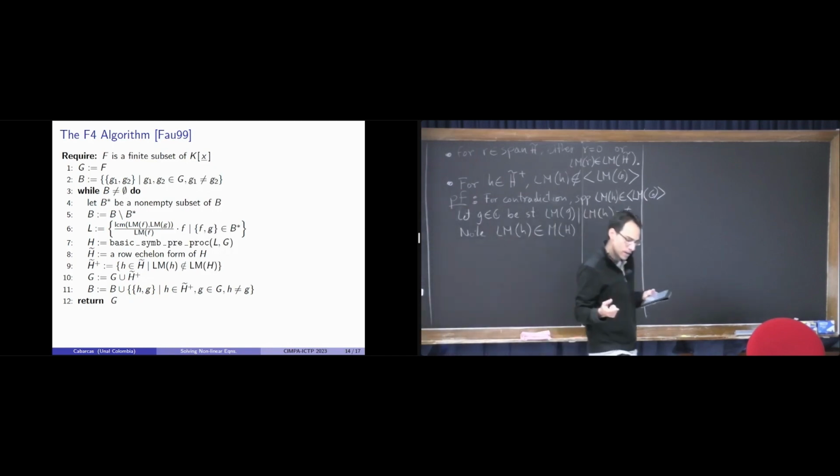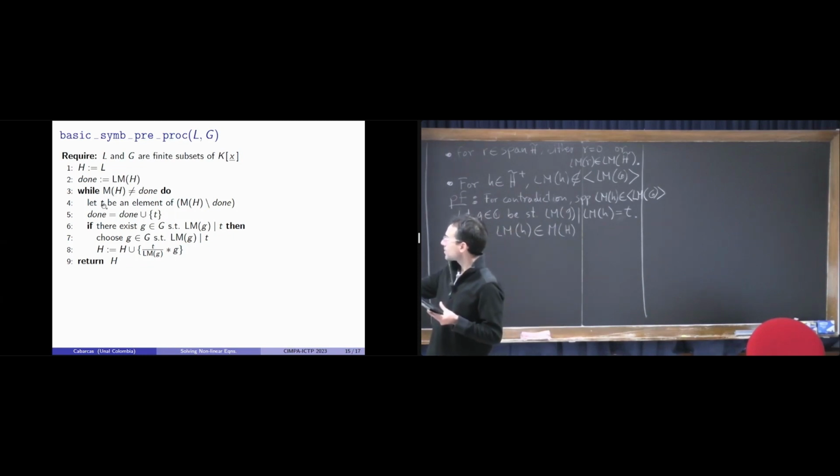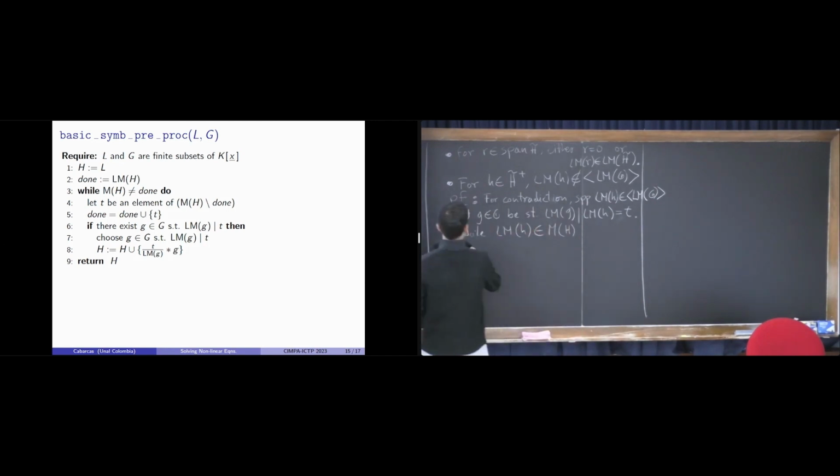So at some point that monomial has to be considered here. It needs to go through here at some point because it was a monomial in H, when t was considered.